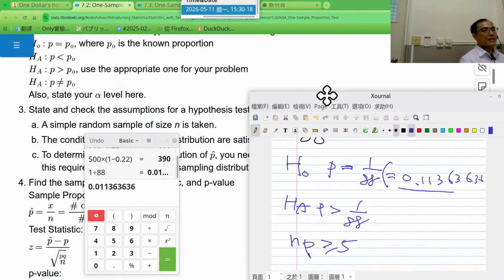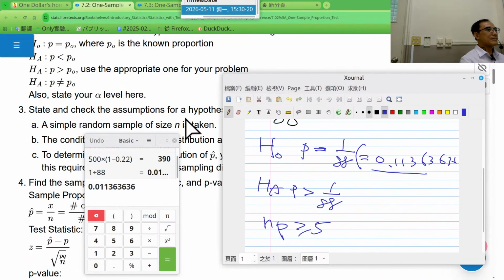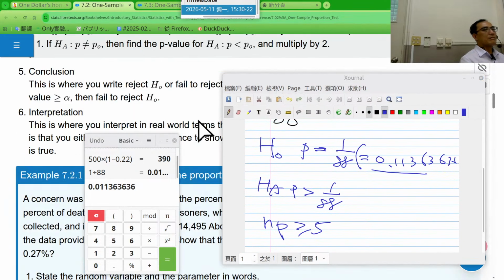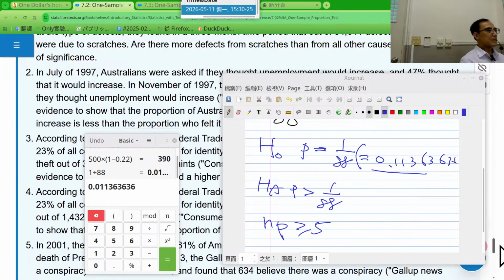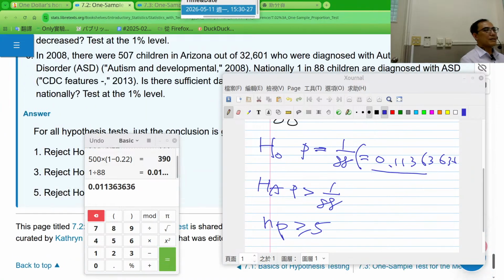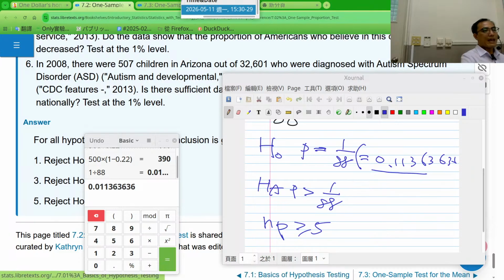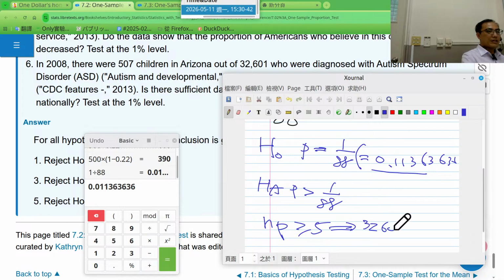Thus here the N would be 32,601 times the proportion 0.1136.